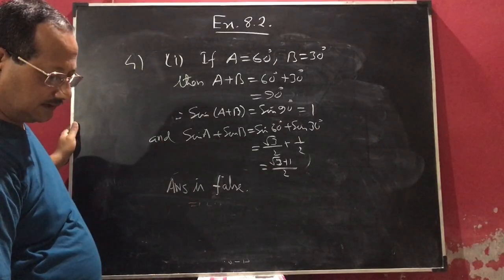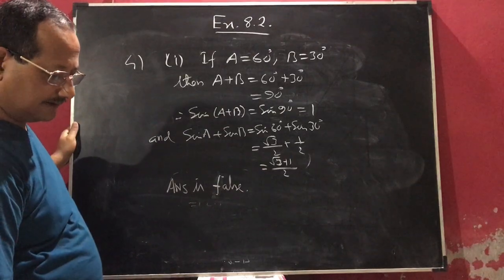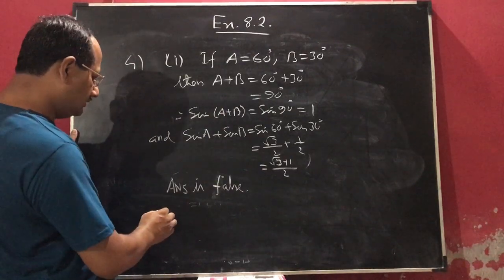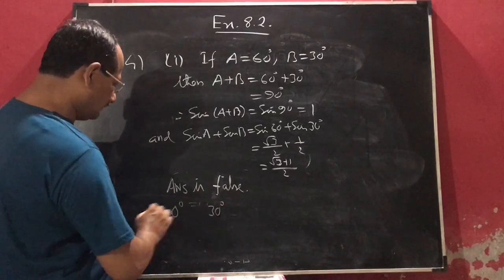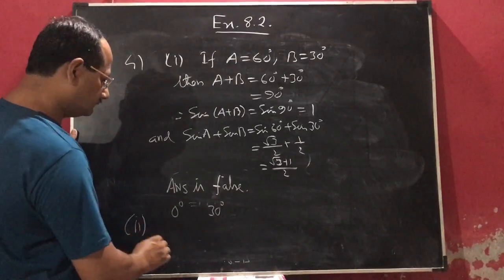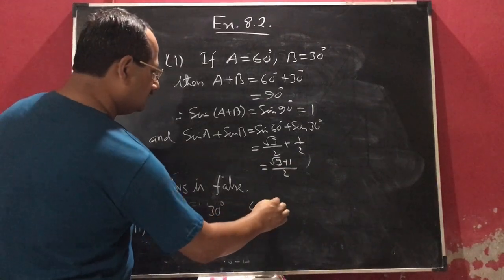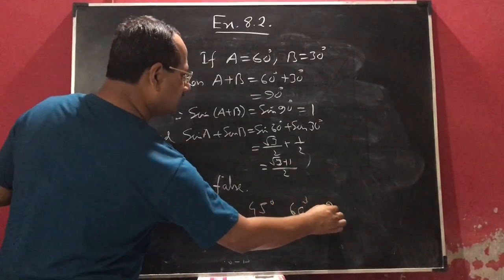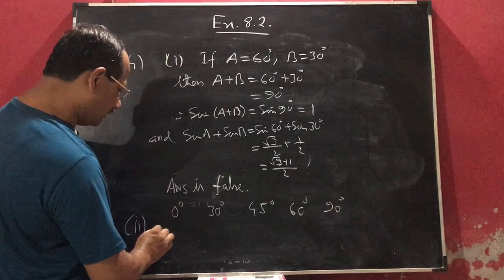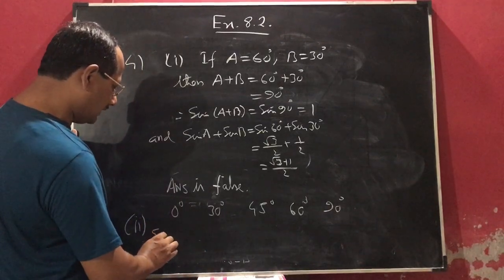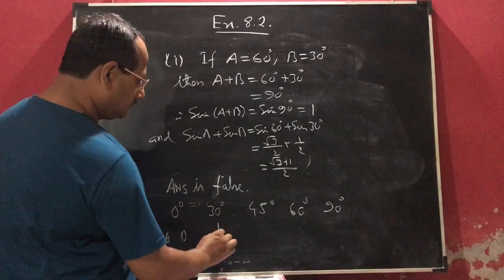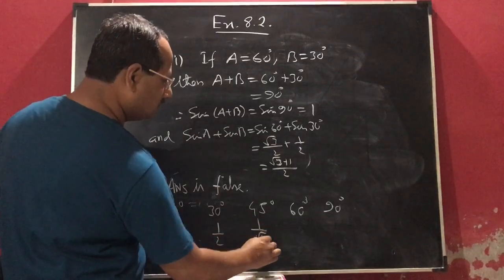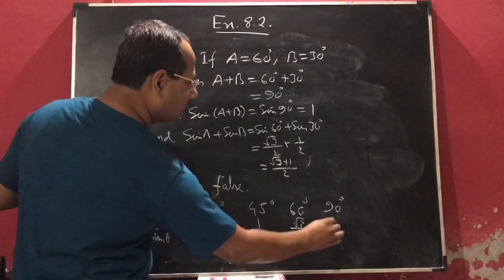Number 2. The value of sin theta increases as theta increases. You see, for 0 degree, 30 degree, 45 degree, 60 degree, 90 degree, the sine values are 0, 1 by 2, 1 by root 2, root 3 by 2, 1.